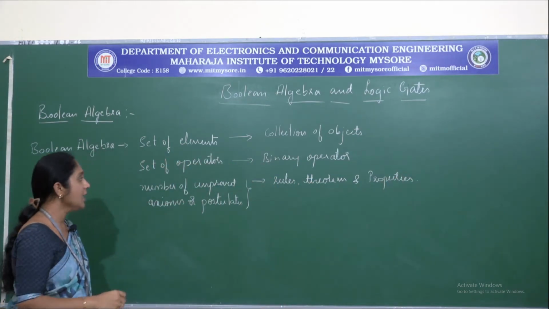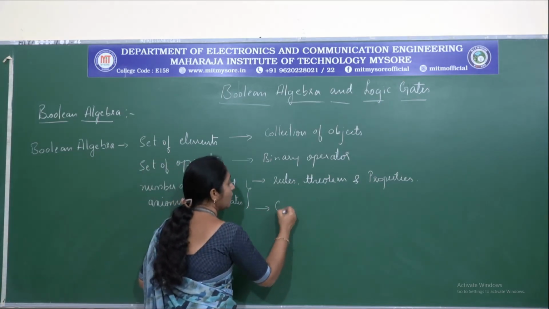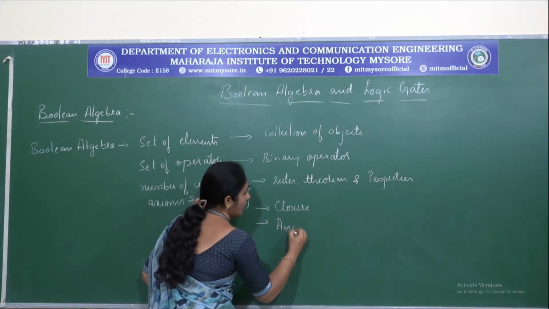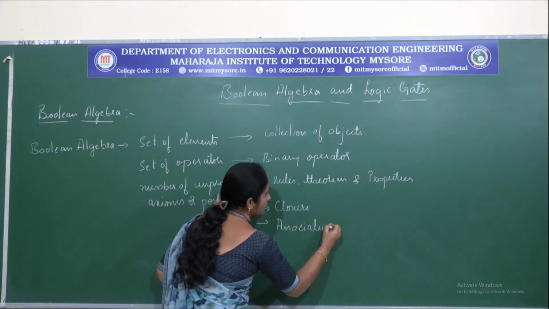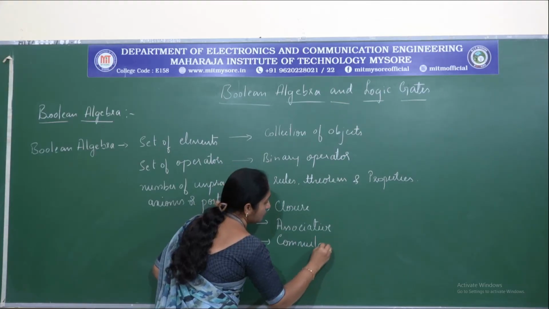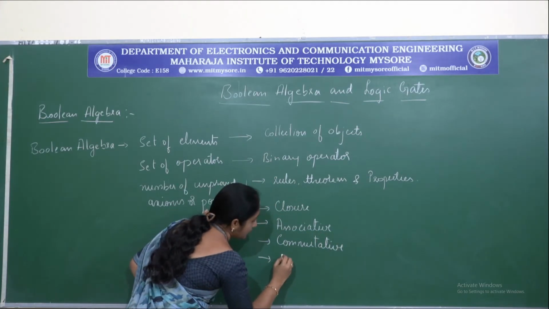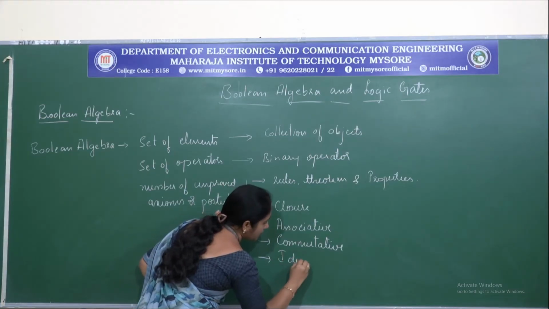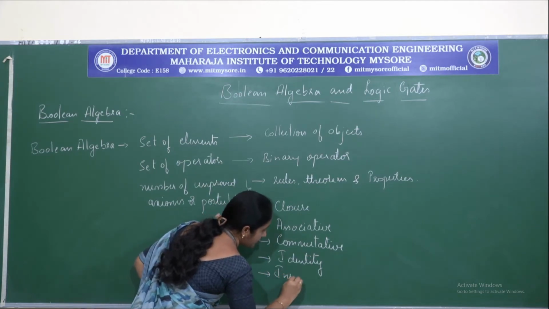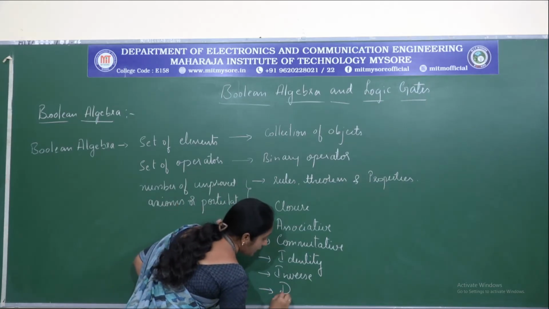Now let us see the postulates we have in any algebraic system. Postulates include closure, associative, commutative, identity, inverse, and the last one is distributive.